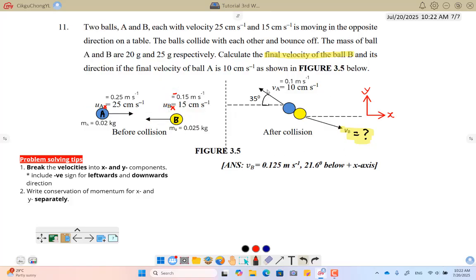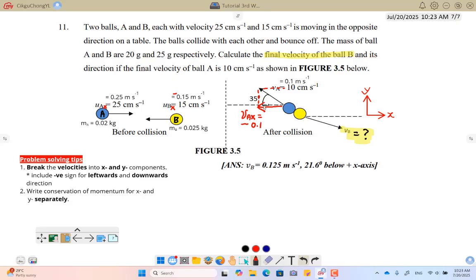Then after collision, the final velocity of ball A, I can break it down into two components. So I'm going to have the final velocity of ball A after collision, VAX, which is pointing leftwards, so it will be negative 0.1.